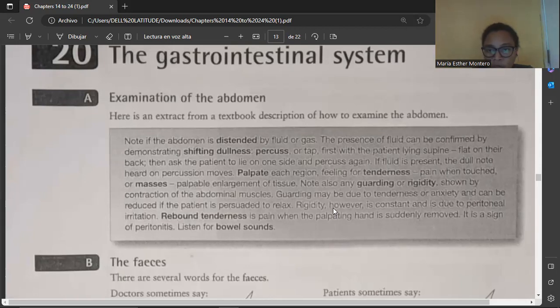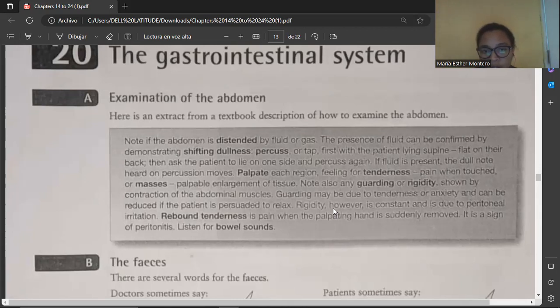Guarding may be due to tenderness or anxiety, and can be reduced if the patient is persuaded to relax. Rigidity, however, is constant and is due to peritoneal irritation.